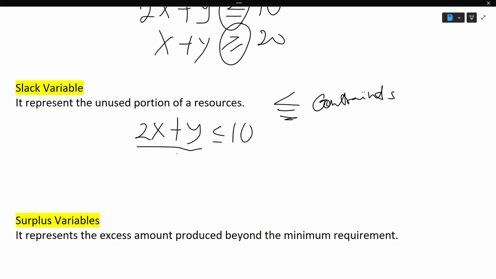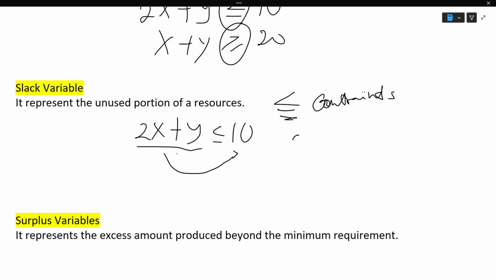Now, how do we make it equal? We add something to the left hand side, and by adding, we convert it to an equality. Now the left hand side has become equal to the right hand side.